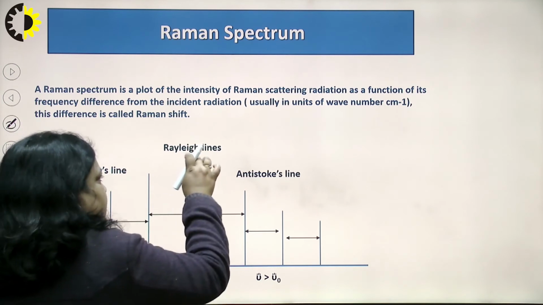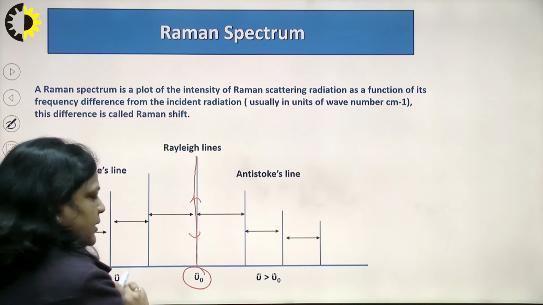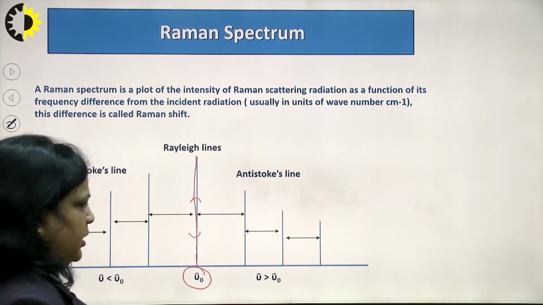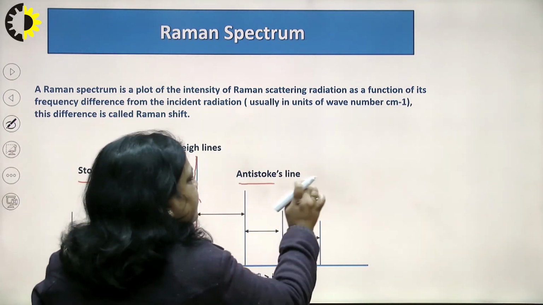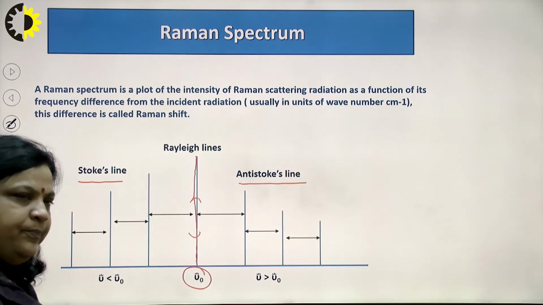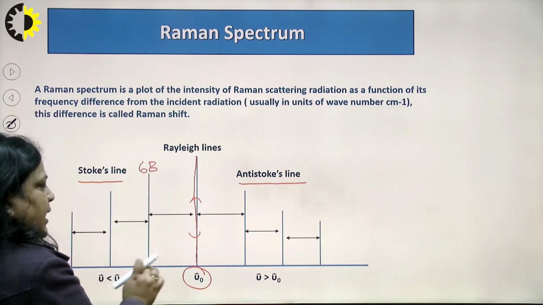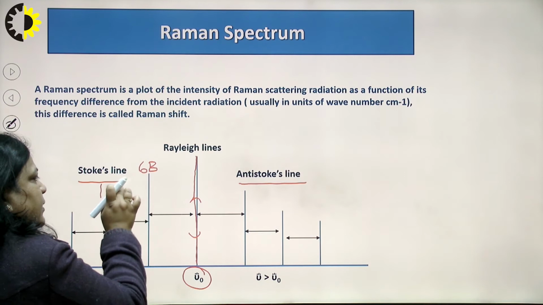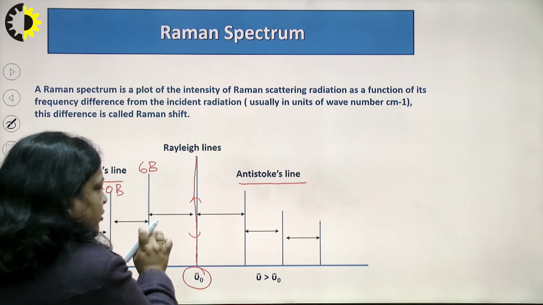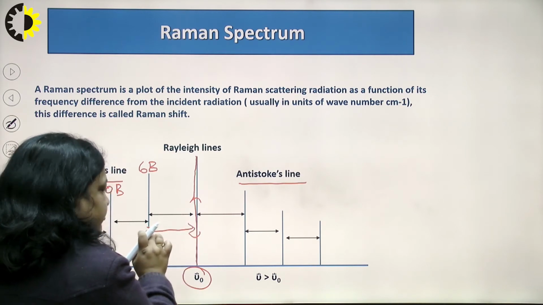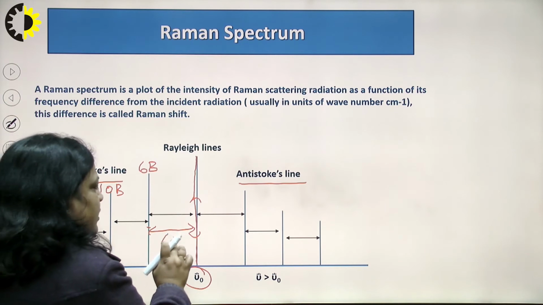At the center, the energy of the incident and the scattered light is the same, that is nu is equal to nu naught, and here on the negative side we get the Stokes line and here on the positive side we get the anti-Stokes line. The first line we observe at 6B, and second 10B, then 14B. So, we can say the spacing of the first Stokes or first anti-Stokes line from the Rayleigh line is 6B.